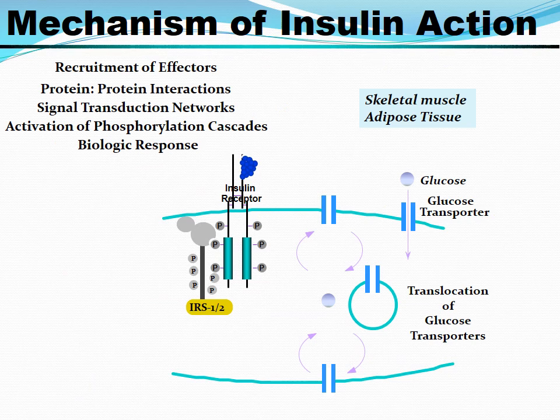This slide shows the mechanism of insulin. We said the receptor has two subunits: the alpha unit, which is known as the recognition site, found on the cell membrane, and two beta units inside the cell.